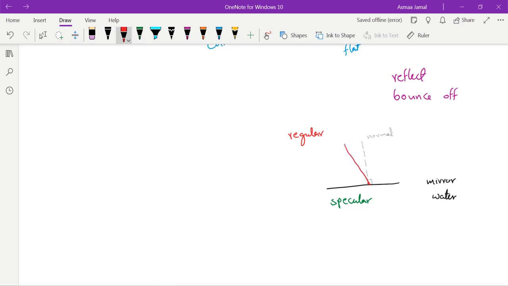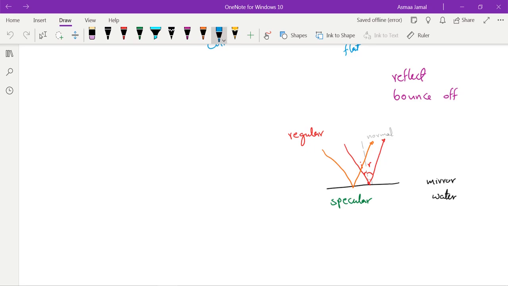So when we have that regular or specular surface, such as a mirror or water surface, the incident ray here will reflect at an angle equal to the angle of incidence. So I, the angle of incidence, equals R, the angle of reflection. And because the surface is regular, all incident rays will reflect with the same angle.